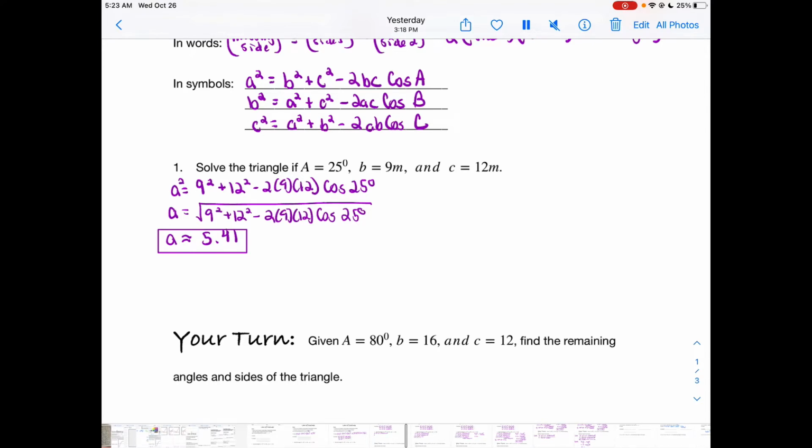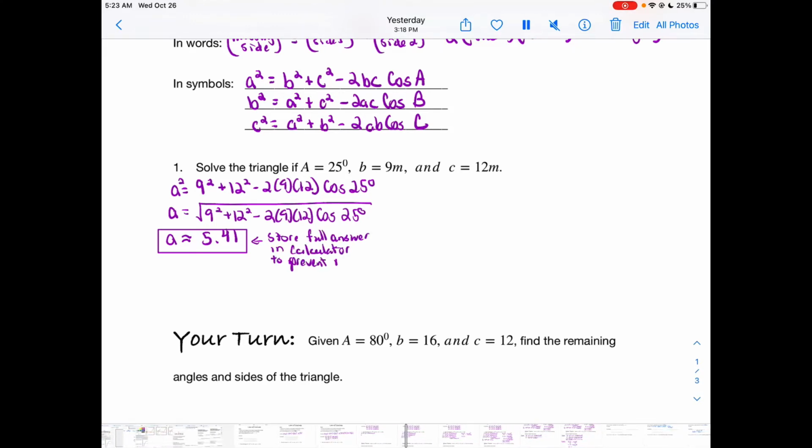Now that I know a side and the angle opposite it, I can switch to the law of sines, because the law of sines is much faster to use.